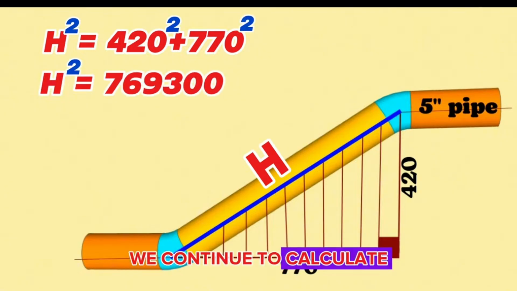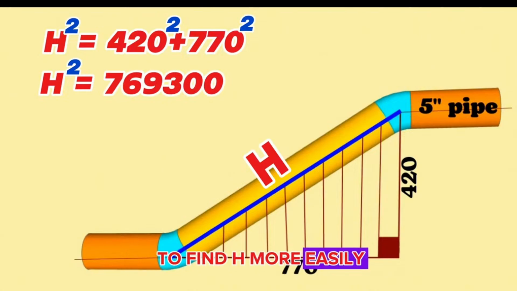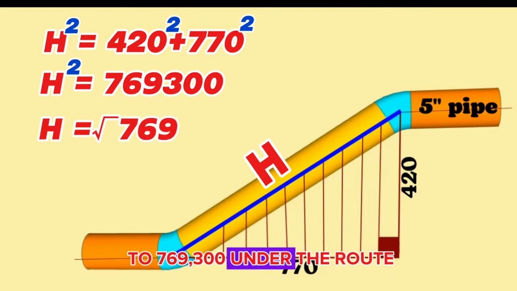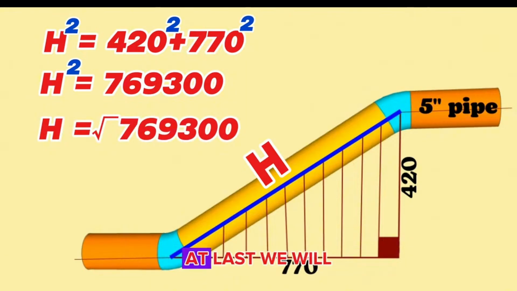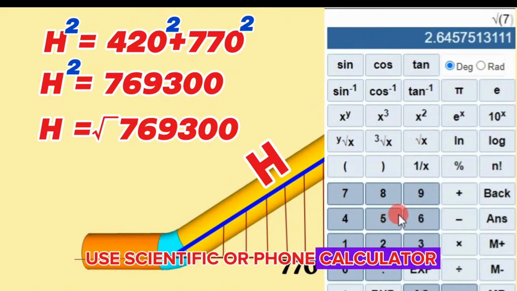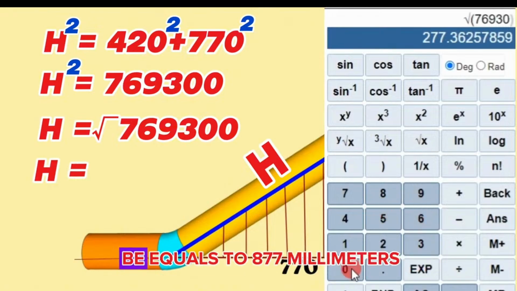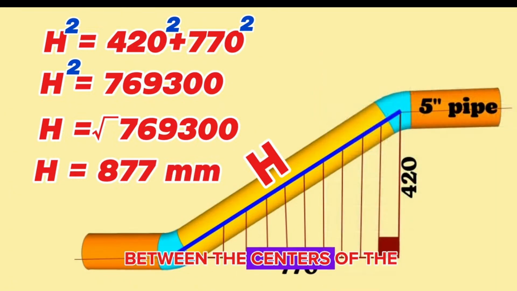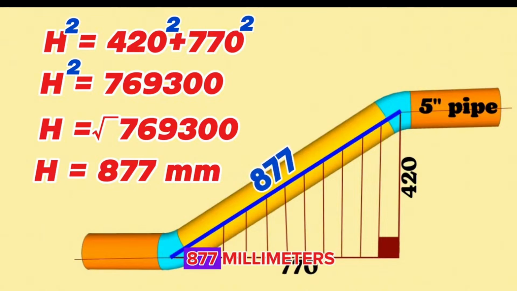We continue to calculate to find H more easily. H will be equal to the root of 769,300. At last we will use a scientific or phone calculator and find H will be equal to 877 mm. So, the overall length between the centers of the butt weld elbows is 877 mm.